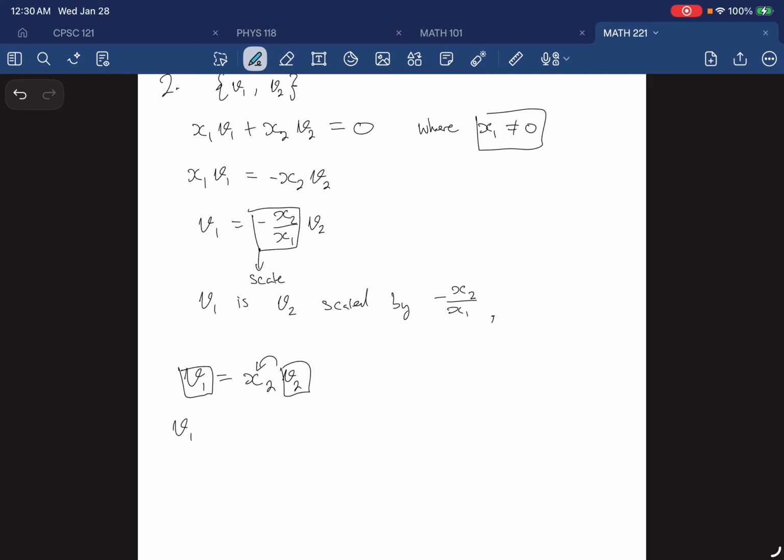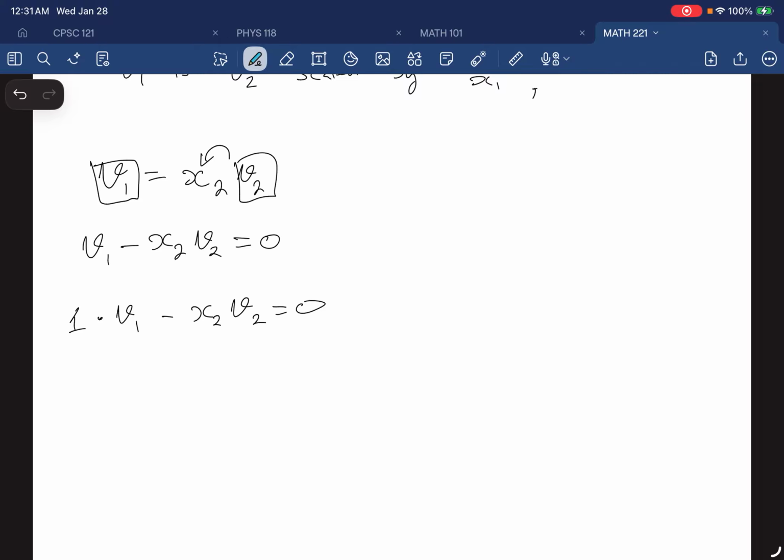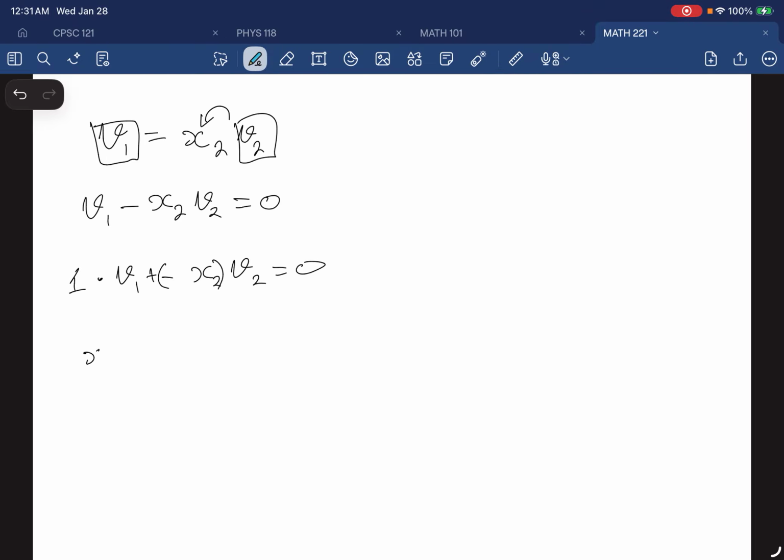And v1 minus x2 v2 equals 0, right? And then we have 1 times v1 minus x2 v2 equals 0. This is true, right? So we can see that even if x2 equals 0, we still have a non-zero coefficient of v1, right?